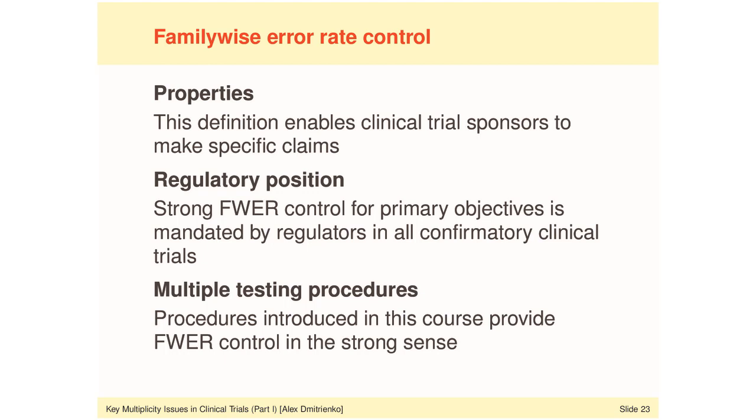The regulatory position is that procedures used in the primary analysis in all confirmatory clinical trials must guarantee strong family-wise error rate control. And given this, I'm sure you will not be surprised to learn that all multiple testing procedures we're going to discuss in this course actually control the family-wise error rate in the strong sense.